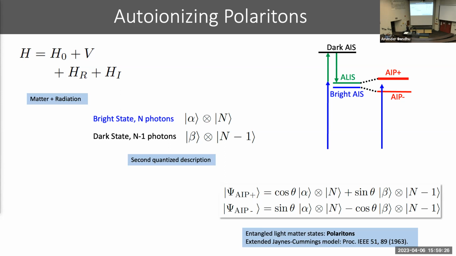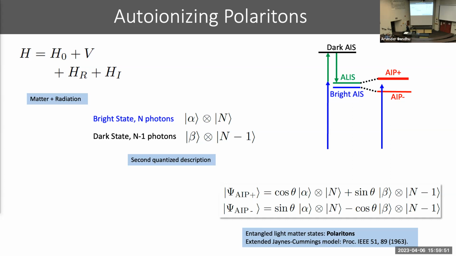So these new states that you get in a light field are entangled light matter states. Entanglement is defined as when you have two entities, but you write a wave function that cannot be separated into the wave function of one times the wave function of the other. It cannot be separated into two parts. So you see here, I cannot write it as a matter state multiplied by a photon state.